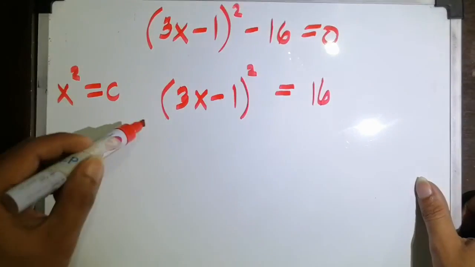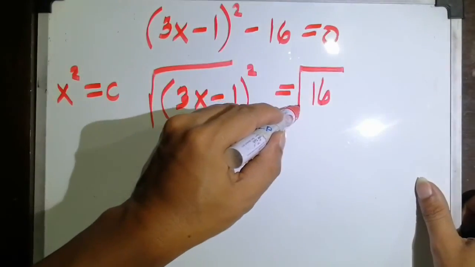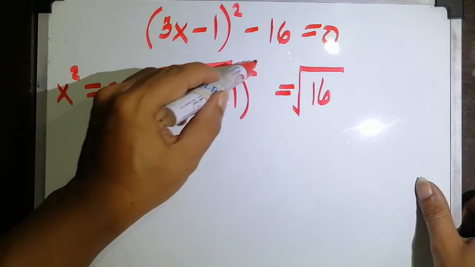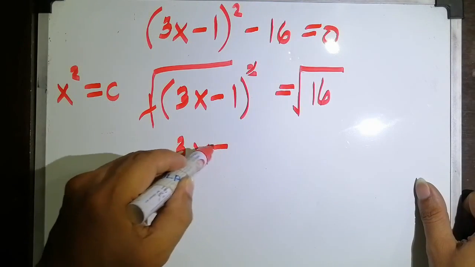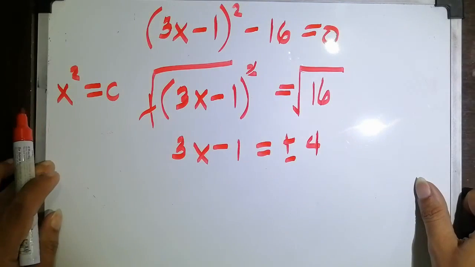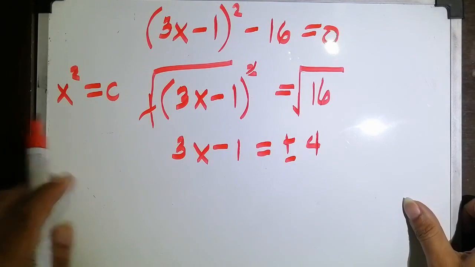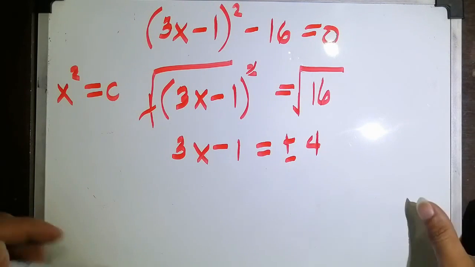So, ganyan equation natin, pwede natin i-square root both sides para makancel natin. Okay? So, 3x minus 1 equals plus or minus 4. Okay? So, two solutions pa rin. We have positive 4 and negative 4.